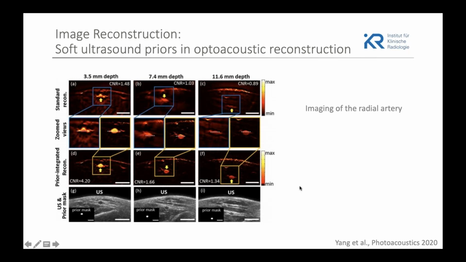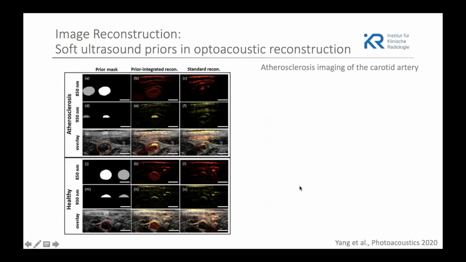In the paper, we did this reconstruction method not only in healthy volunteers. We did go to patients, and that's where we collaborated and imaged some patients with carotid plaque imaging here. Again, the reconstruction method improved the imaging of the carotid artery here compared to the standard reconstruction.